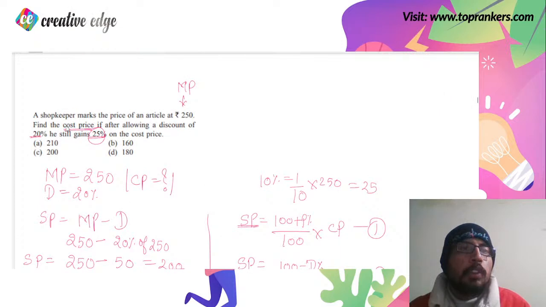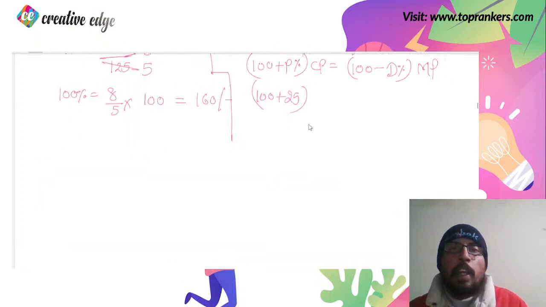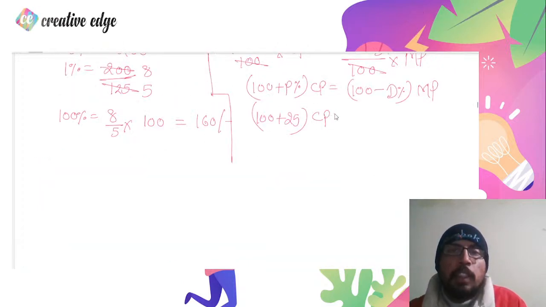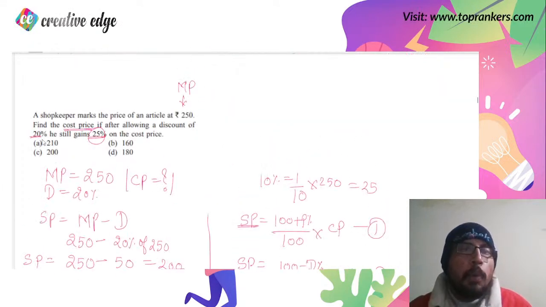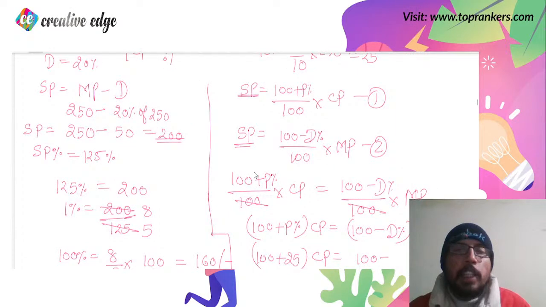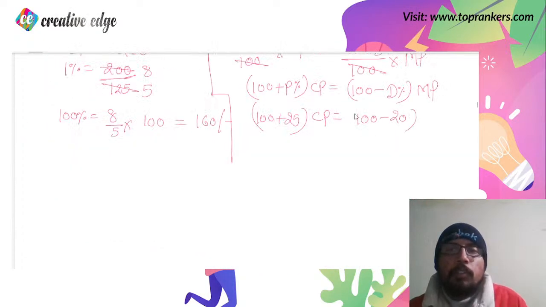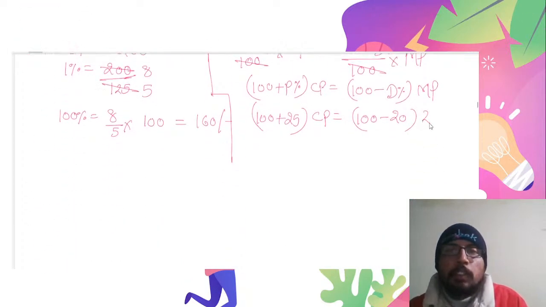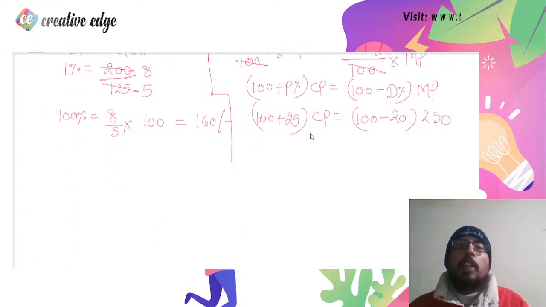I have to calculate cost price. I have been given discount percent, discount is 20, so 100 minus 20, and I have also been given mark price. So you can calculate this as well.